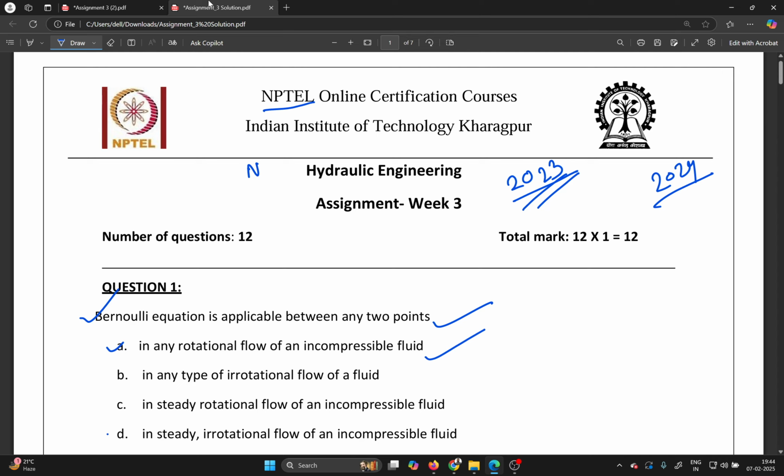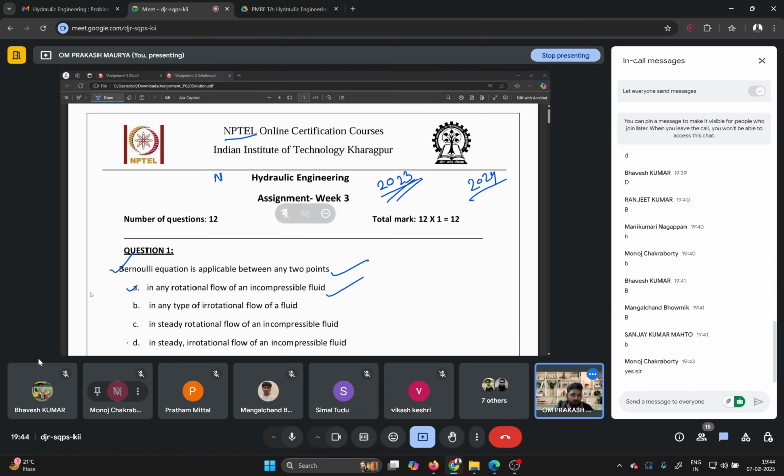So here are four options. This is also a very important question. But I think such a type of question is not expected nowadays in competitive exams. But the associated questions from Bernoulli's equation you can expect.